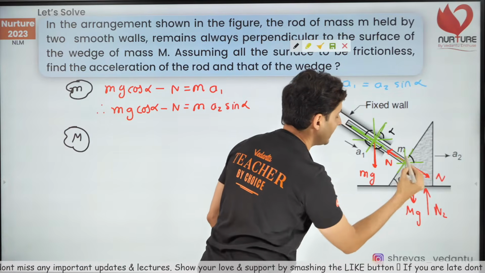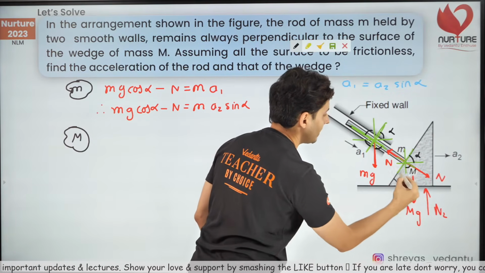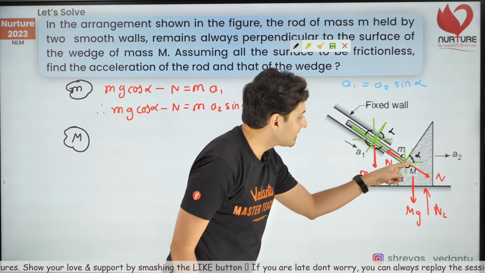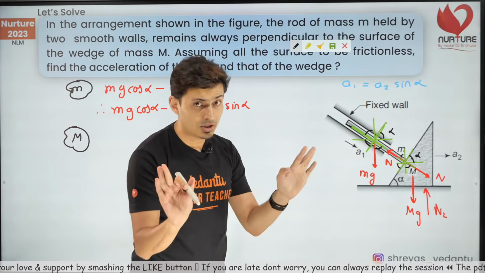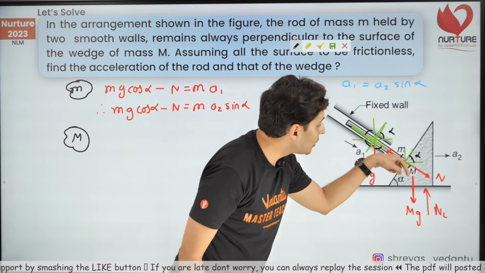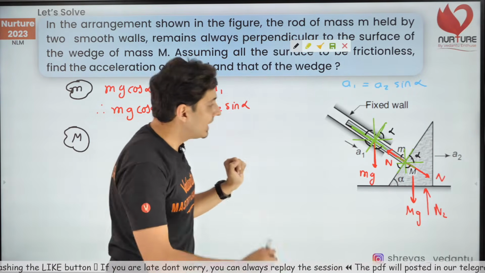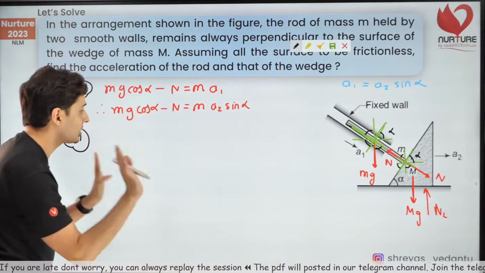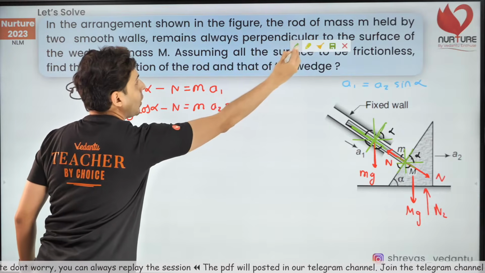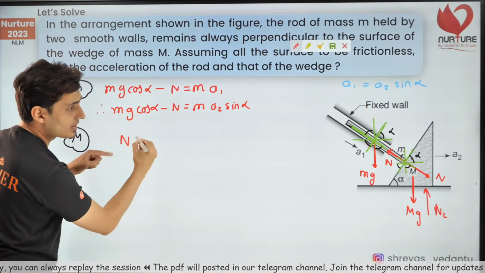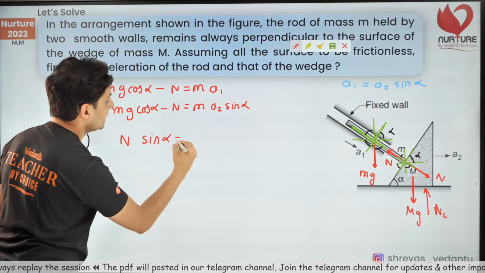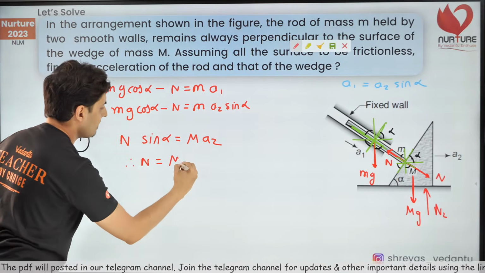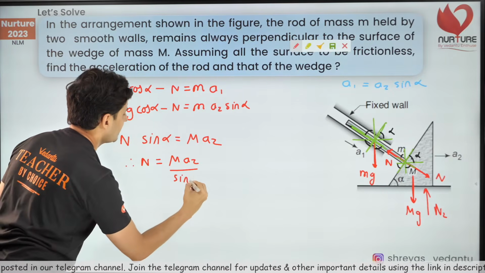Observe, there is one alpha over here, this is another alpha, and so on, by our division of 8 method. Now this normal's sine component is giving that acceleration because these other forces are in the vertical direction. So what will I say? Observe, normal's sine alpha component is the mass into acceleration. From this I'll get normal is M into acceleration by sine alpha.